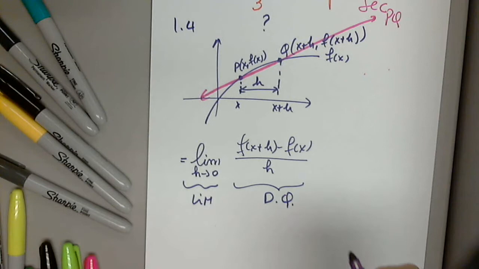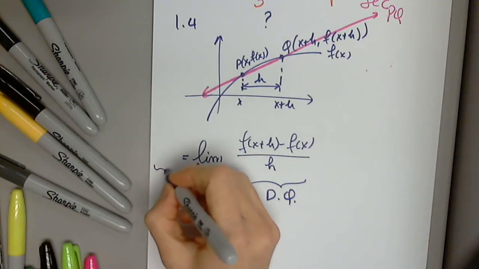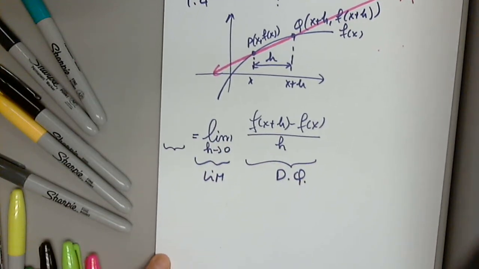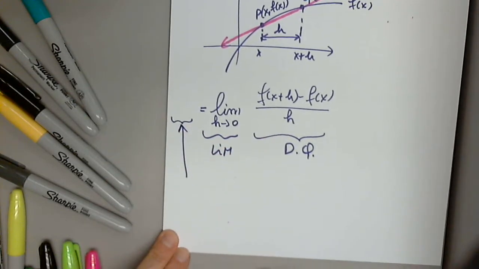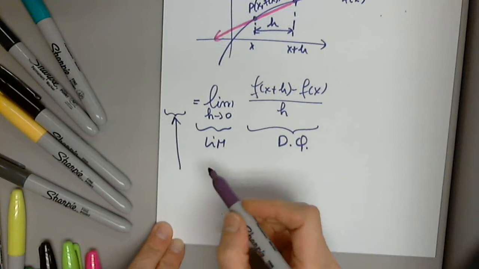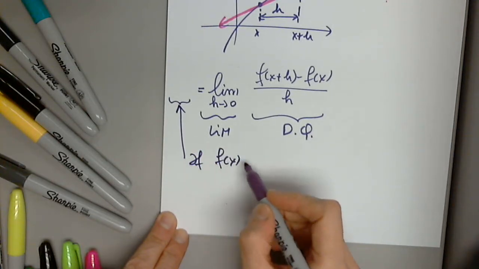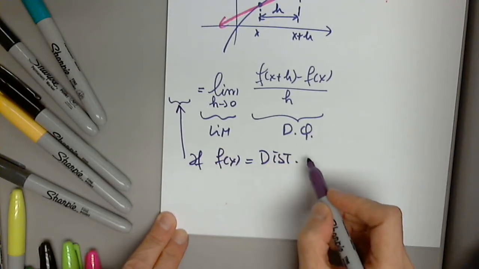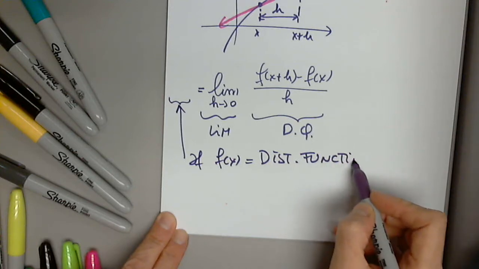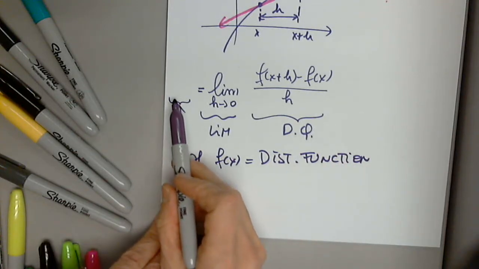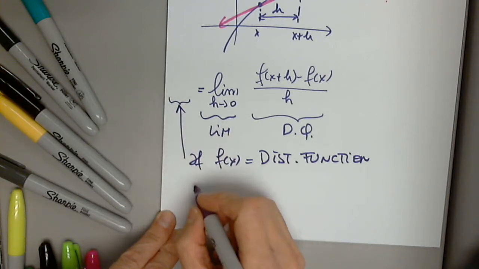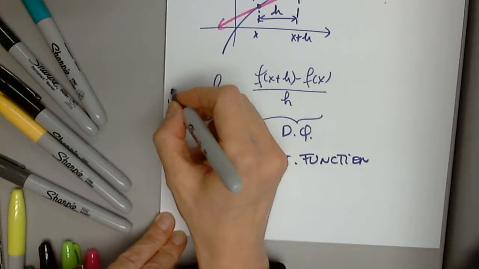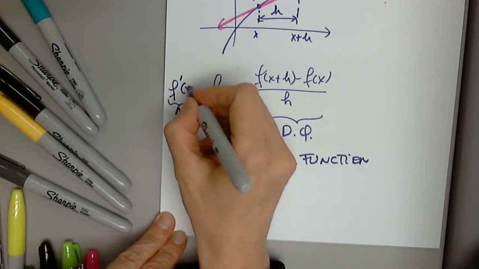So this has a very special name. Here's one special name, and I will write it if the function is the distance. If f of x is a distance function, this will give, it's called f prime of x.